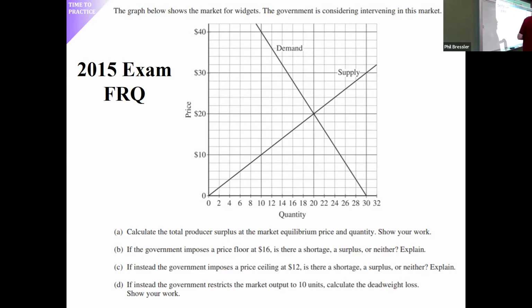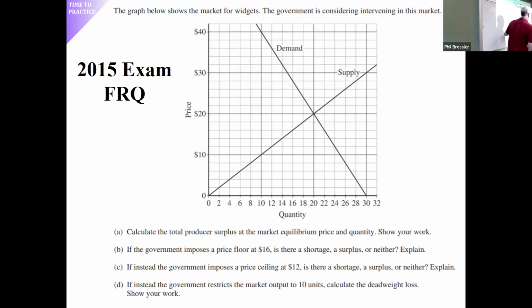Do you remember, Christian? Producer surplus is below the price and above supply. Okay? Below the price. So we've got this triangle. So it's half base times height.